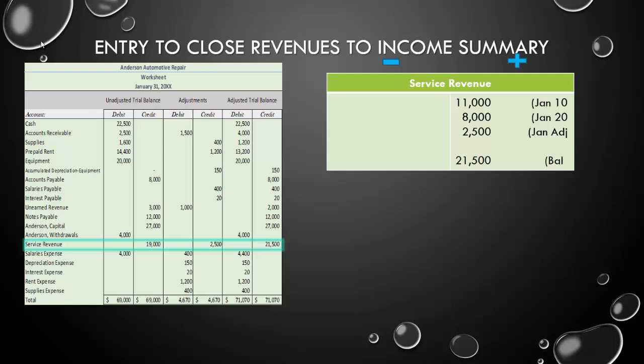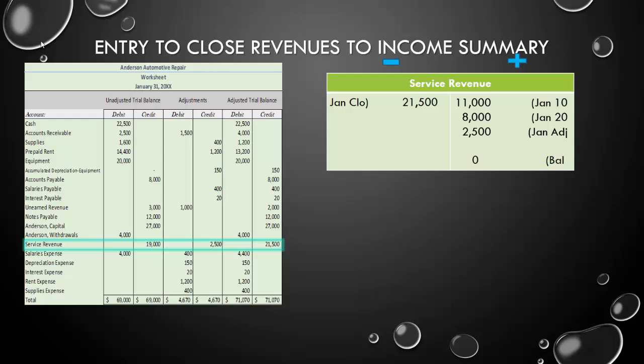So we need to decrease this from $21,500 down to 0. How are we going to do that? We are going to debit it for the same exact amount as its balance. Now, if we add all of our credits, $11,000 plus $8,000 plus $2,500, and subtract out our debits, $21,500, we're going to end up with a balance of 0, thus closing our service revenue account.